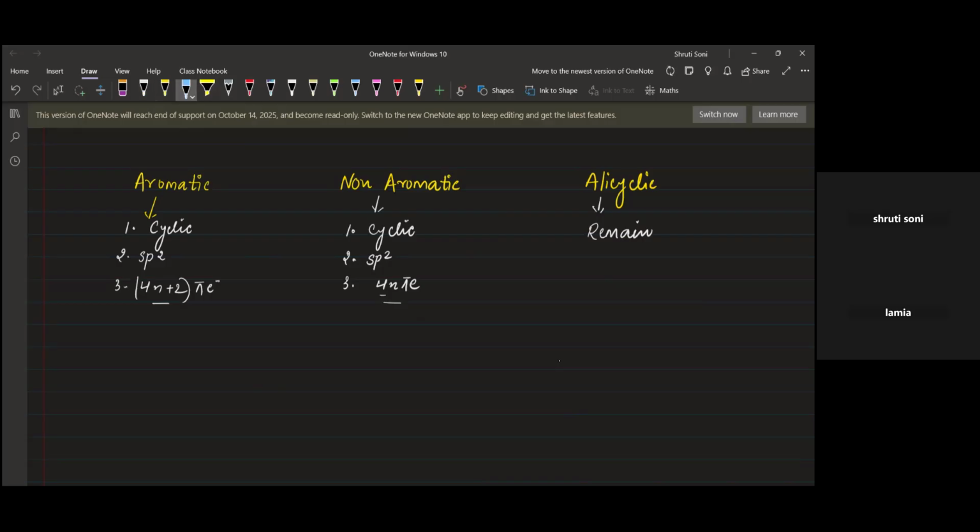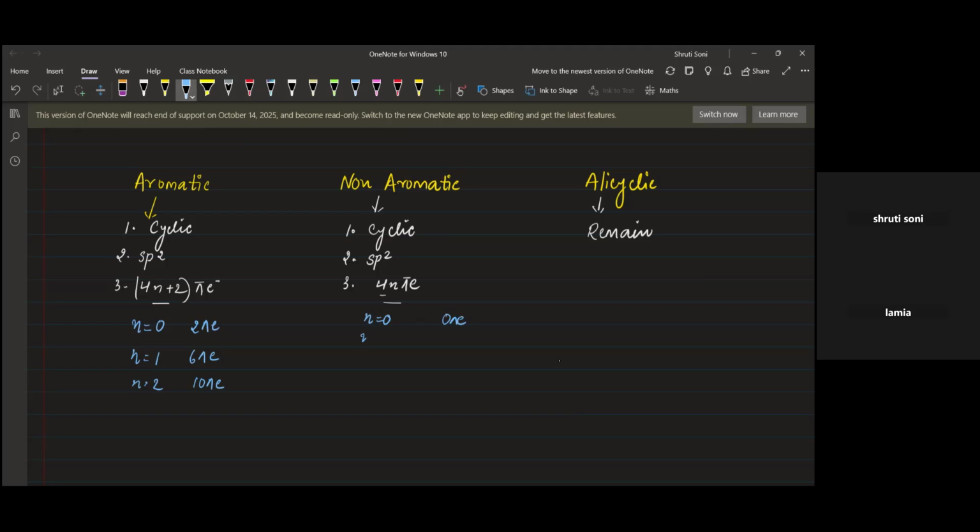So if I'm taking n equals 0 here, how many pi electrons? 2 pi electrons. If I'm taking n equals 1, then how many pi electrons? 6. And n equals 2, in that case, 10 pi electrons. In this case, if I take n equals 0, how many pi electrons? 0, so this is not possible.